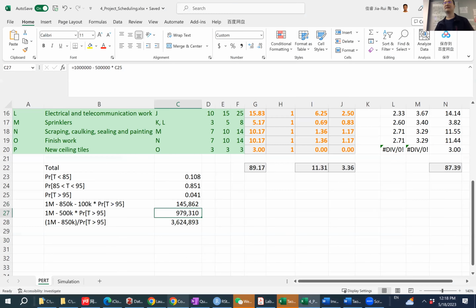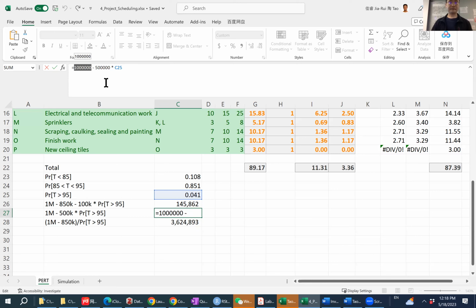Now, if the liquidated damage is raised to 500,000, whether we should bid for this project. This answer depends on the expected revenue or the expected profit. So if we derive this quantity from the revenue perspective, we would include 1 million as the for-sure total budget. Then we take away the liquidated damage using its expected value.